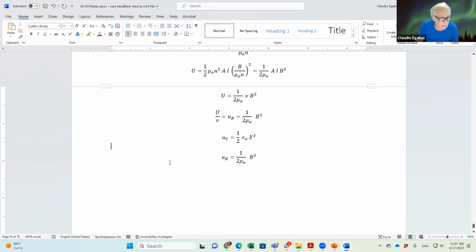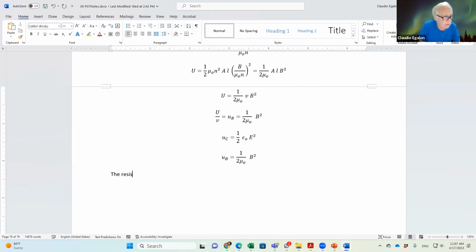So if you want to do some work with this device or this device, that's the amount of energy that you have stored in them. The resistor doesn't store energy. The resistor just spends energy. Those two devices can store energy: one stores the energy in the electric field, and the other stores the energy in the magnetic field.